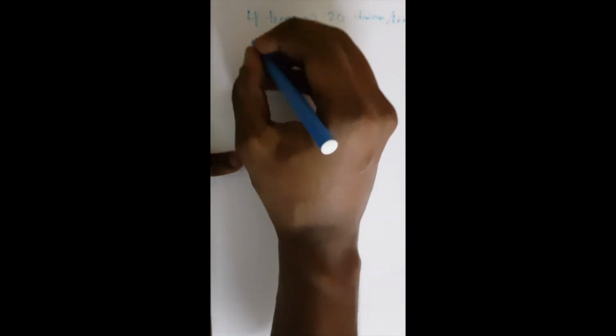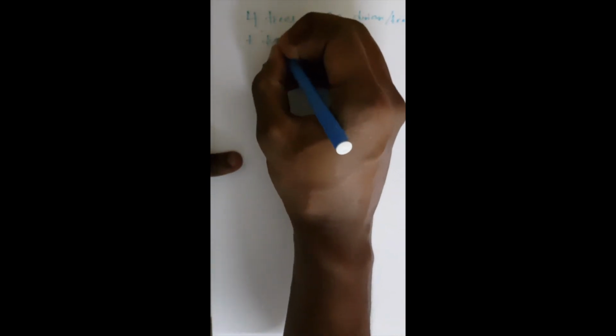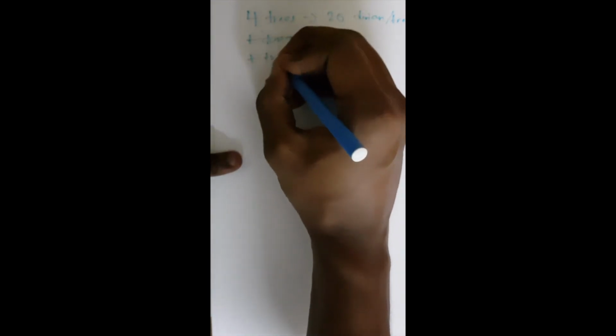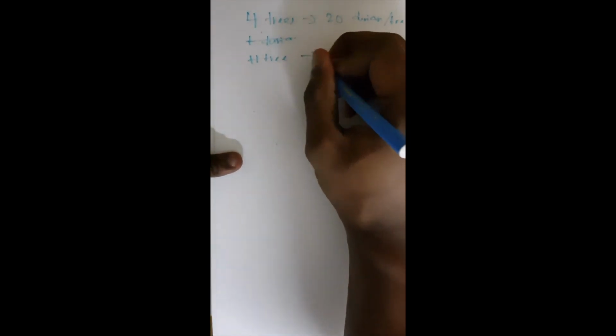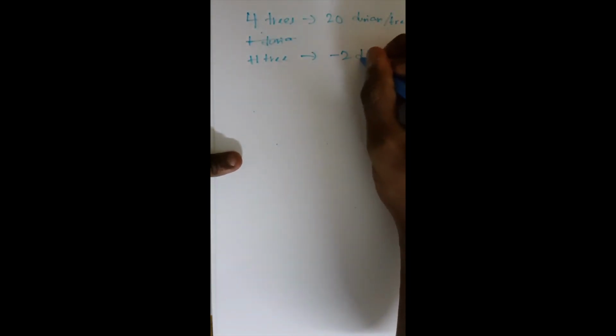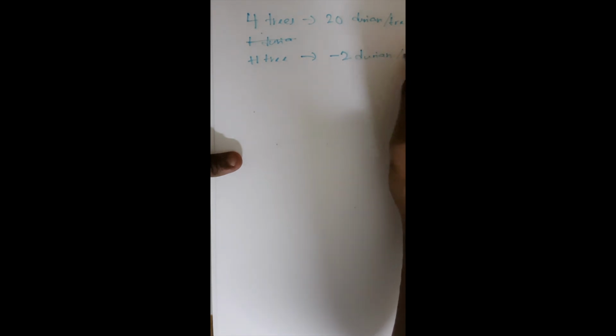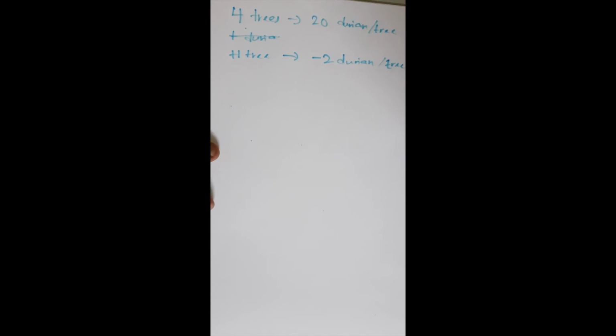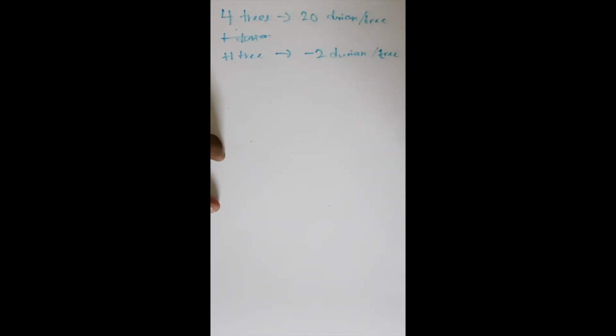So for every tree that you add, 2 durians will be reduced. Notice the -2. It shows the reduction of durians in one tree. So for every added tree, the durians will decrease by 2.